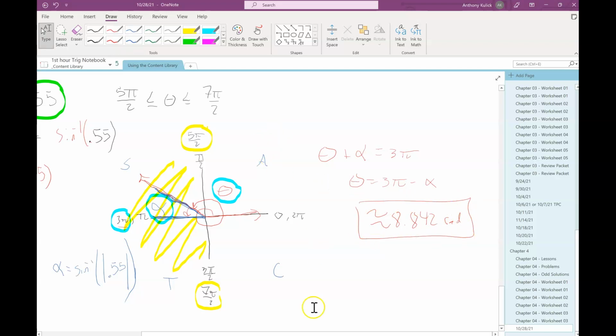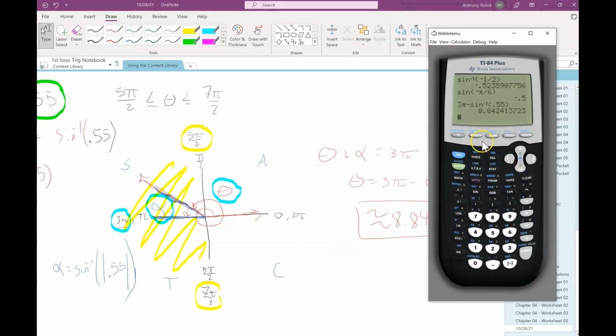And I can check this. There's two things I'd want to do to check this. First, I'd want to make sure that sine of that number gives me 0.55, which it definitely does. So that's great. The second thing is I need to make sure that number is between 5 pi over 2 and 7 pi over 2.